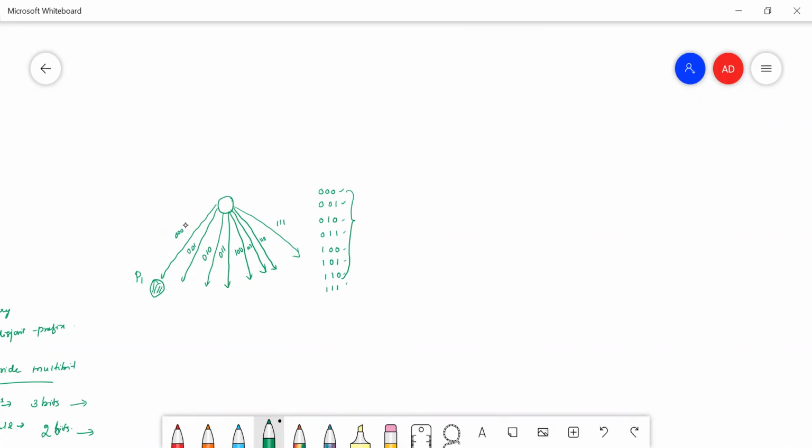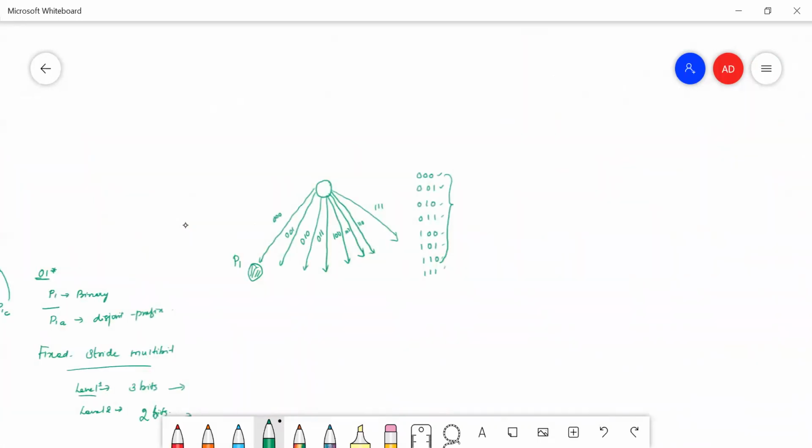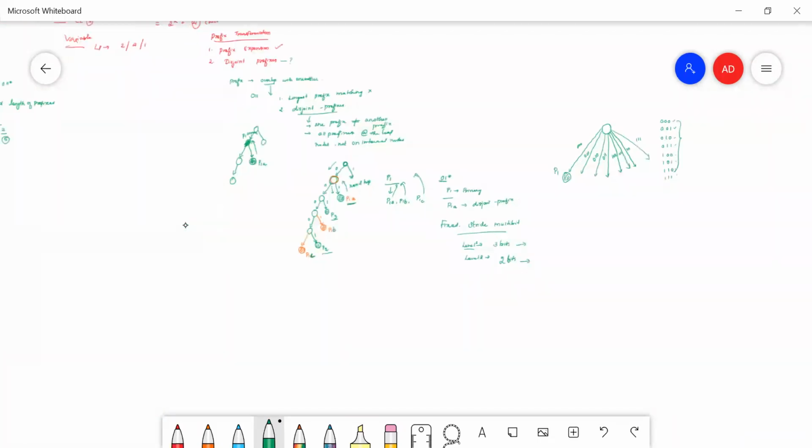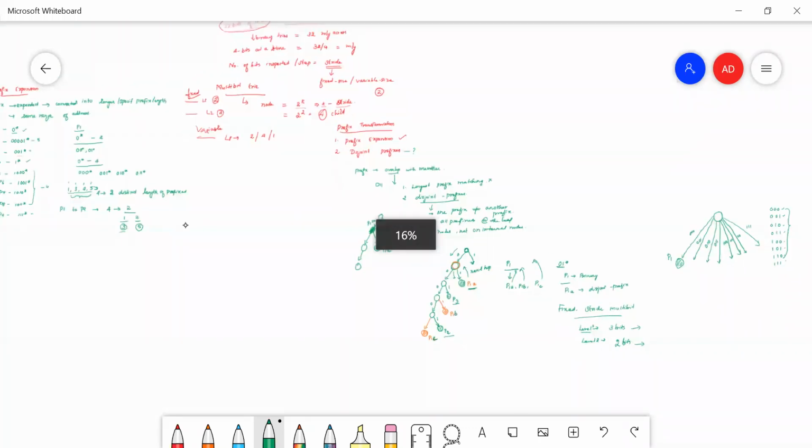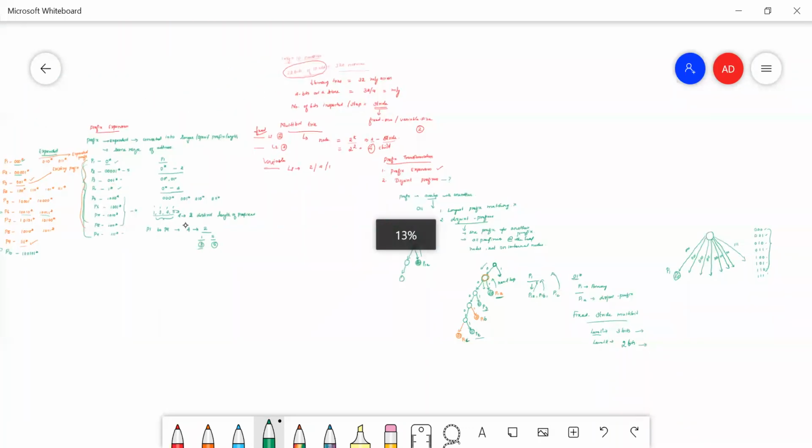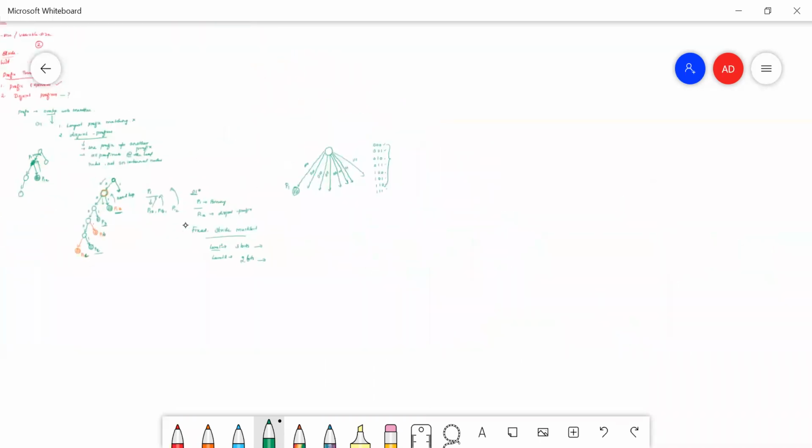And 001 is prefix P3, so we can write it as P3 here. It is again a prefix.